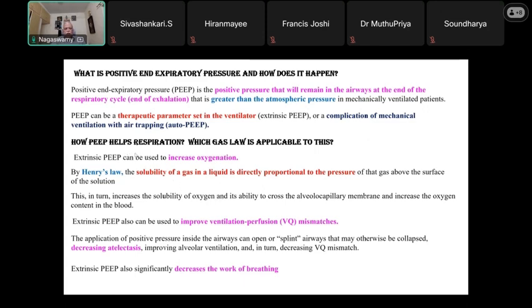If the examiner asks how PEEP works to improve oxygenation, it is by the application of Henry's law, where the partial pressure determines the solubility of oxygen, and also it improves the VQ mismatch and decreases the work of breathing. These are the important points, and it also decreases atelectasis by keeping the alveoli open. So four points you have to remember.